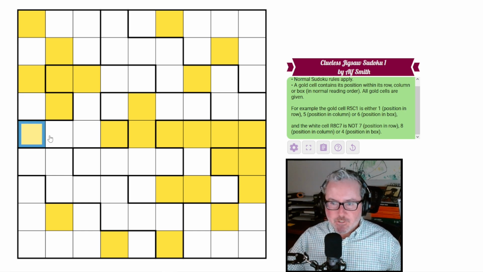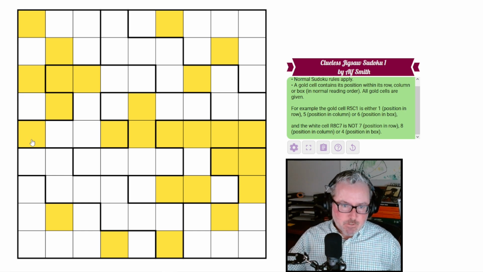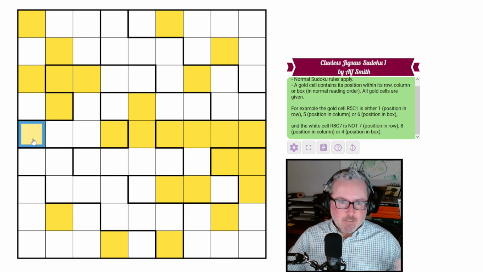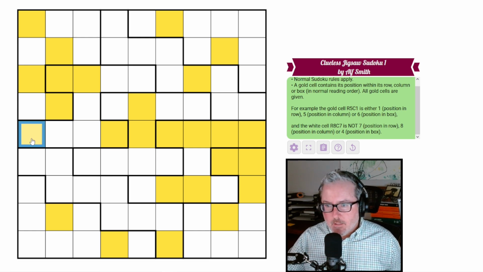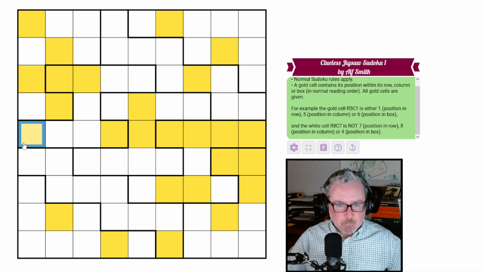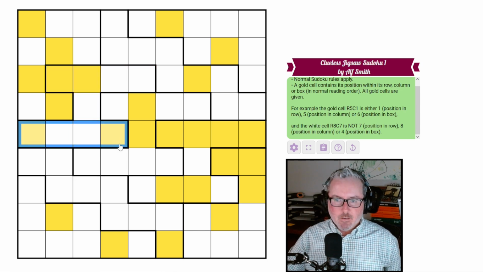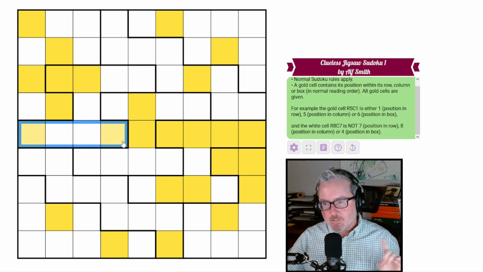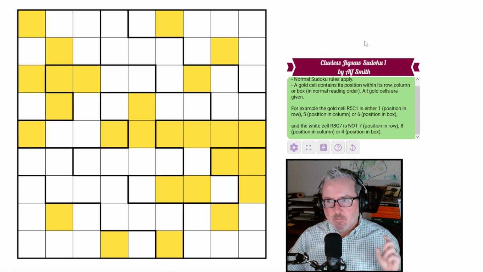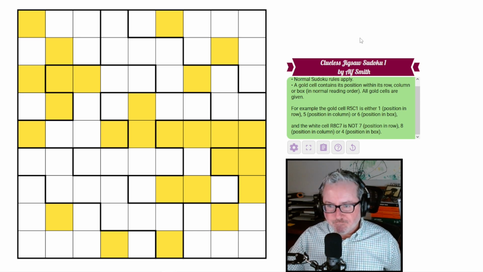Or 5 for the position in the column. So it's the 5th position down in the column, or it's in the 5th row. And then, or 6 for the position in the box. So 1, 2, 3, 4, 5, 6th position in this region. Again, I'm gonna prefer to say region, so I think it's more clear as to what we're talking about.